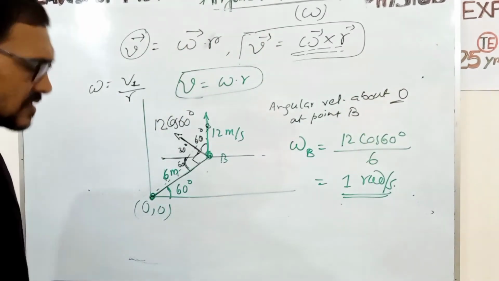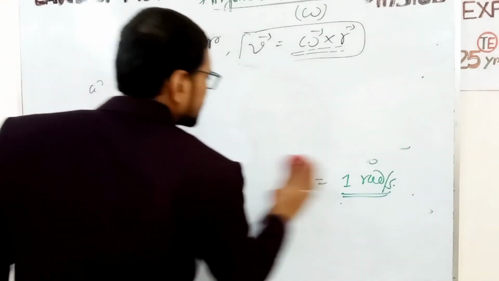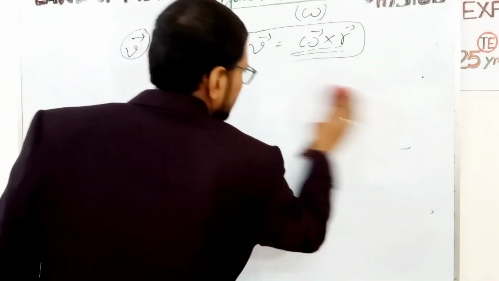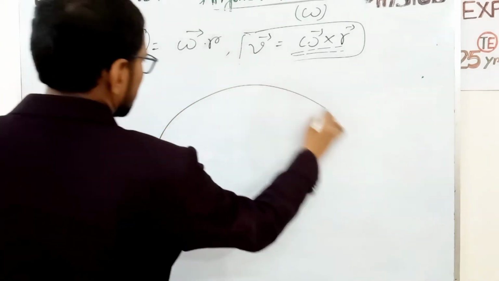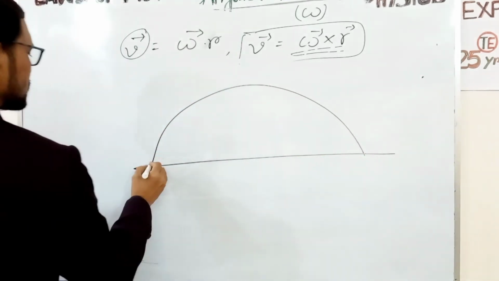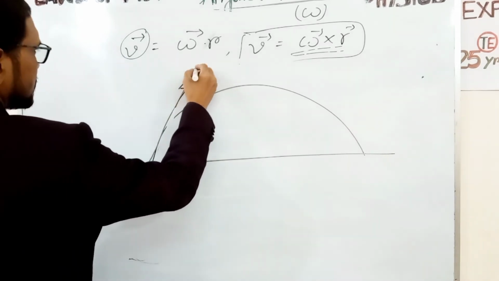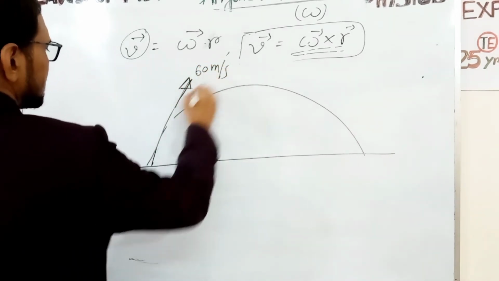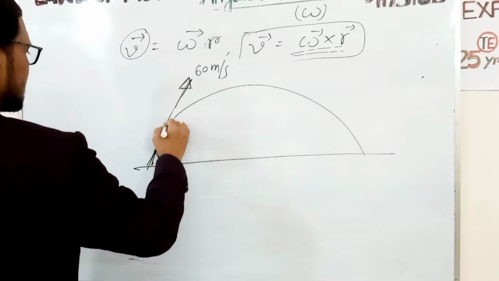So understand this. Now what is the angular velocity in projectile motion? Suppose a body is projected with a velocity 60 meter per second at an angle 60 degree.